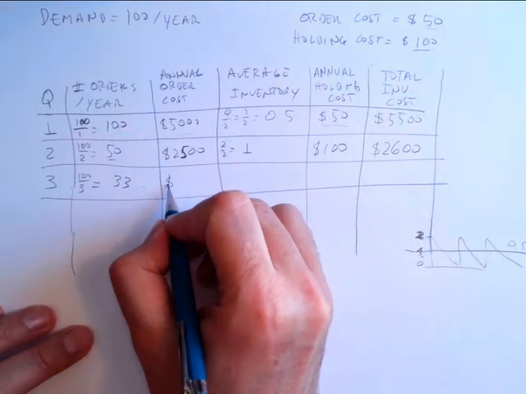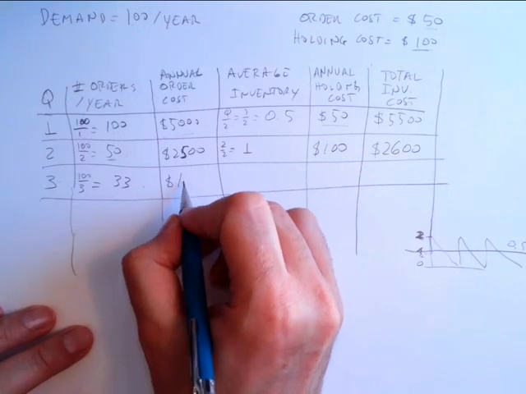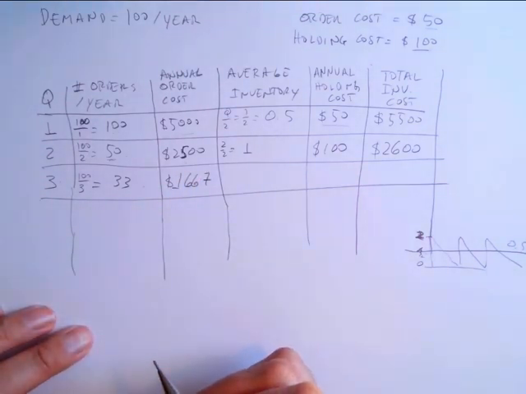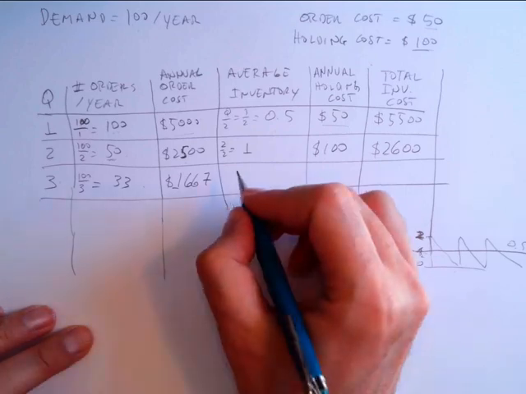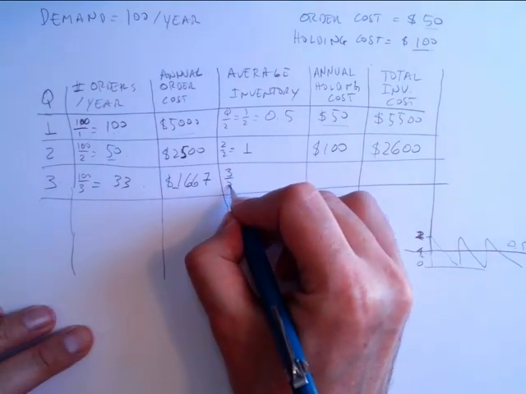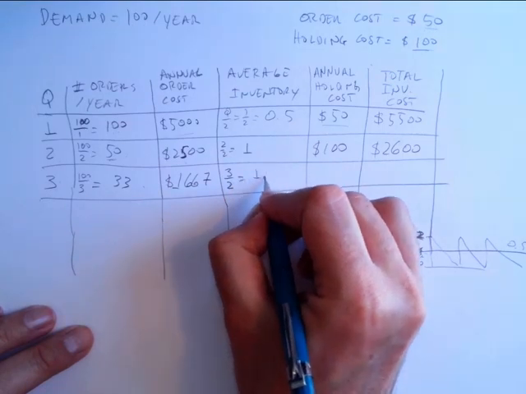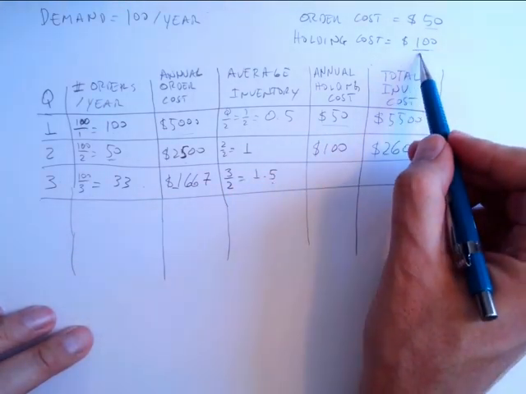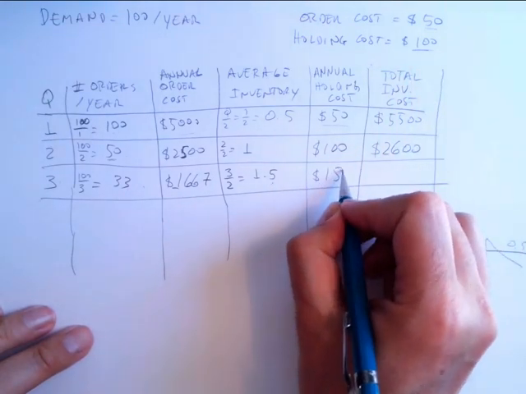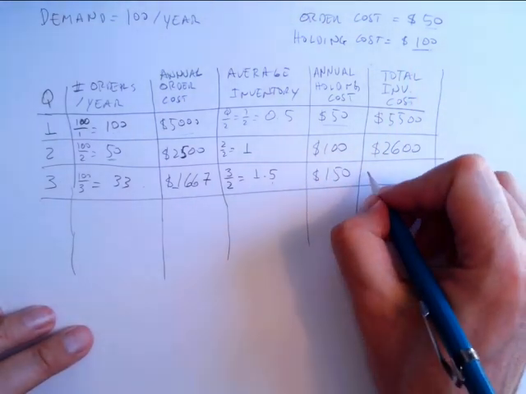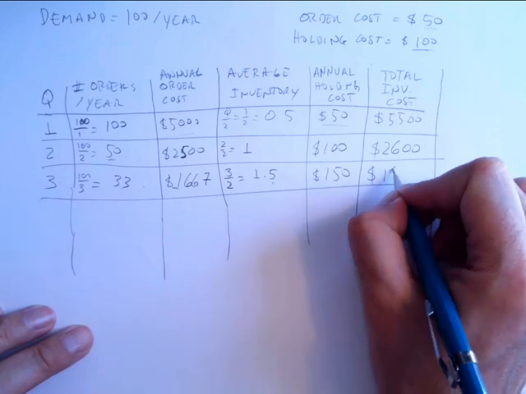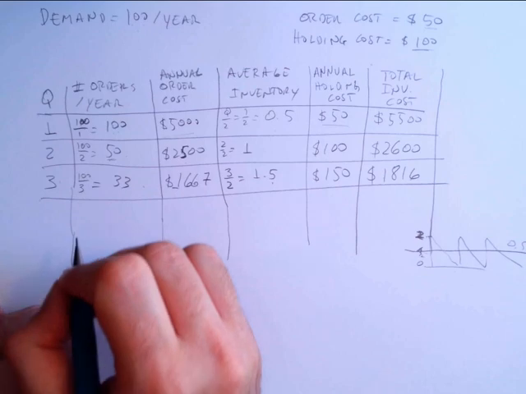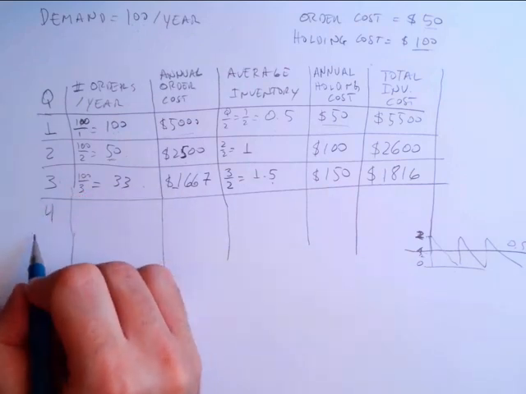So I get something around 1,667 as my ordering cost. My inventory is going to be 3 divided by 2, which is 1.5. And then my holding cost is 1.5 times 100, which is 150. And then my total cost gets around 1816. Okay?